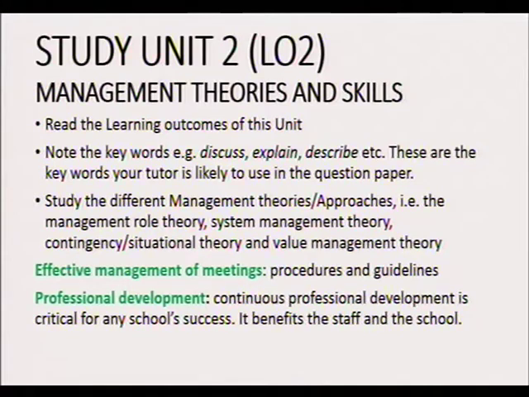You are not very well familiar with teaching certain concepts in mathematics. What can you do as a manager to make continuous professional development available to a teacher that is struggling in a particular field? So you need to prepare yourself in terms of professional development. What are the possible things that you can do in order to advance professional development?